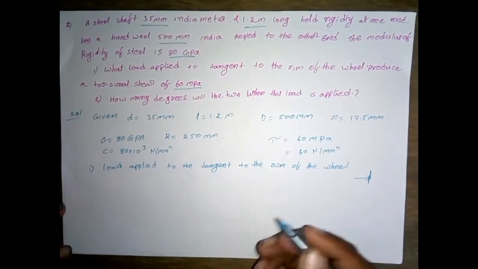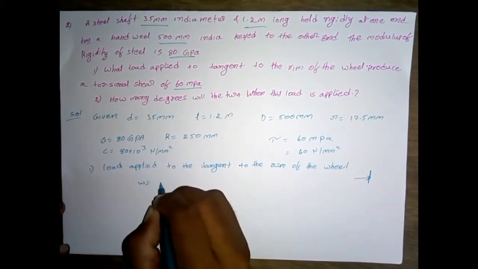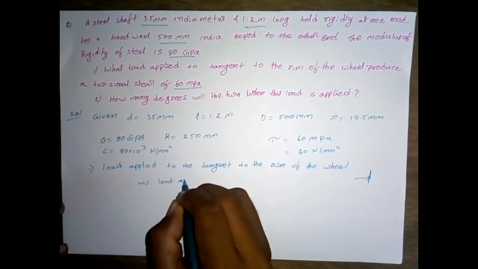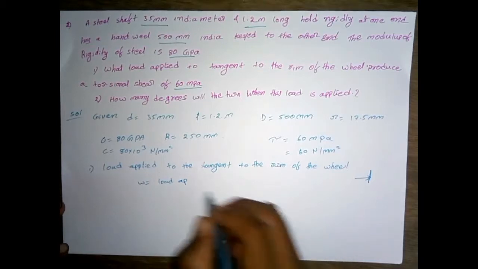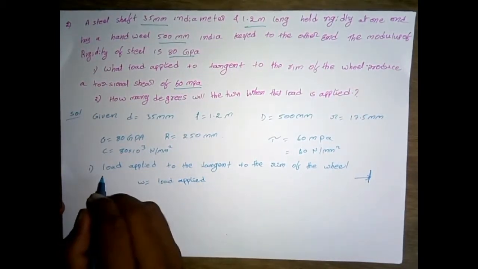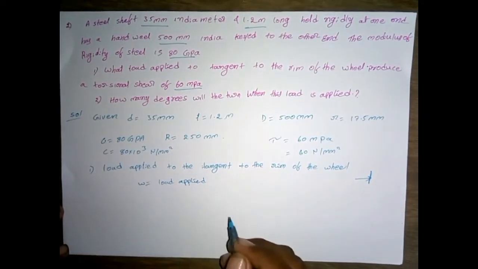Now we know that capital W is equal to the load applied to the tangent to the rim of the wheel.